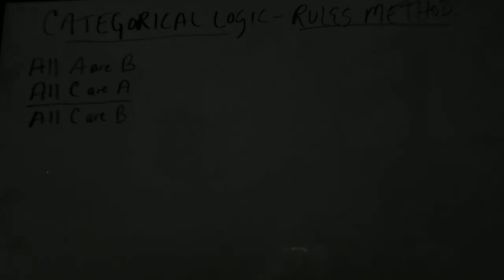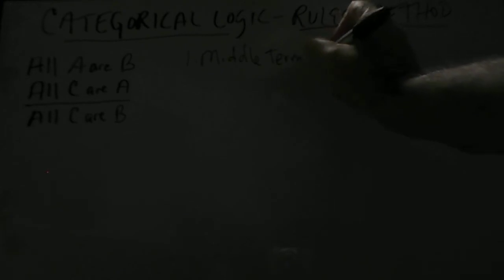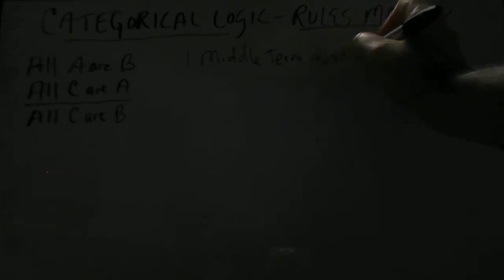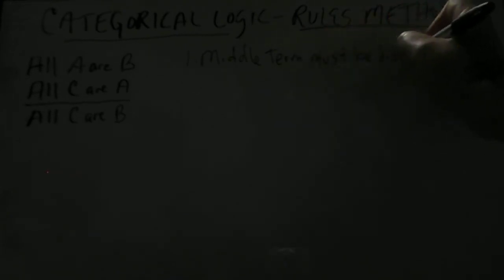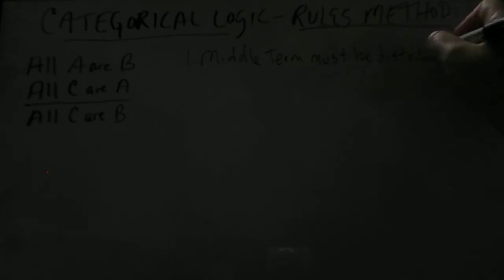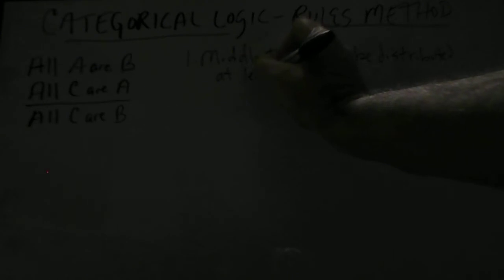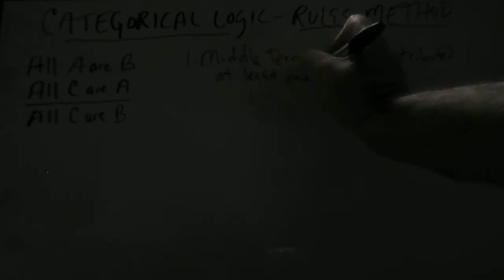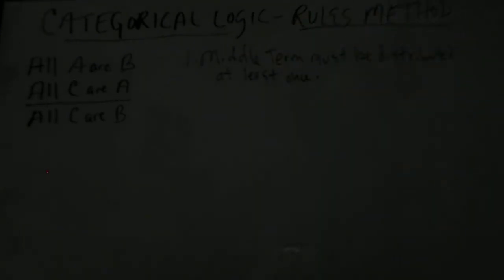So rule number 1 says the middle term must be distributed, circled, at least once.